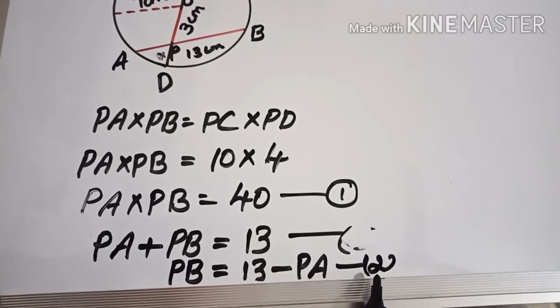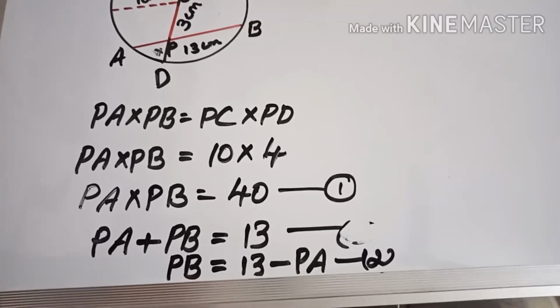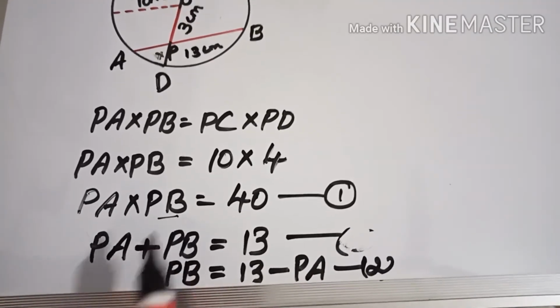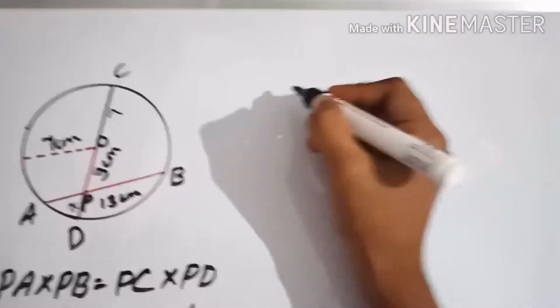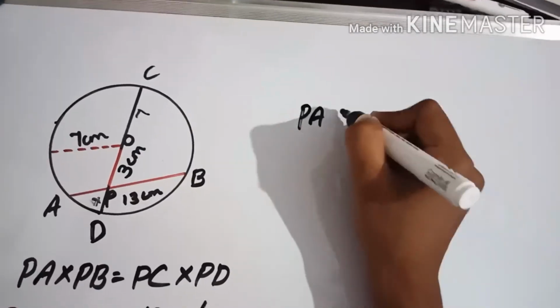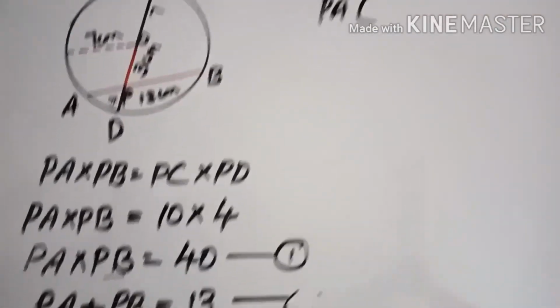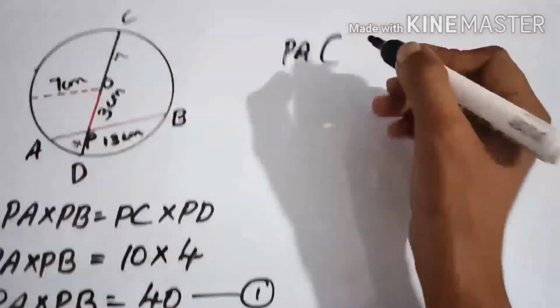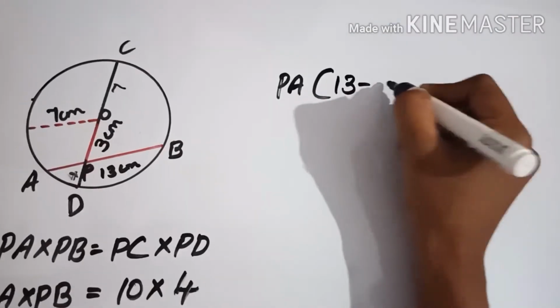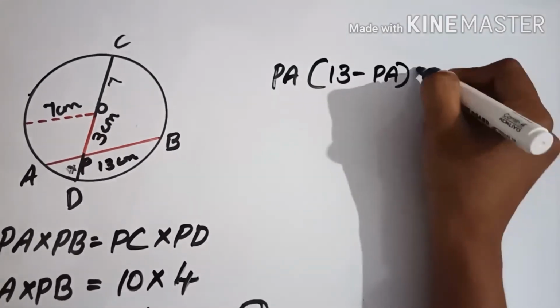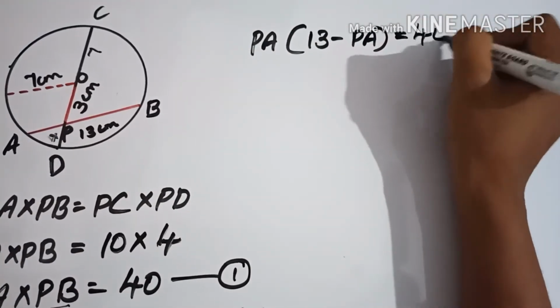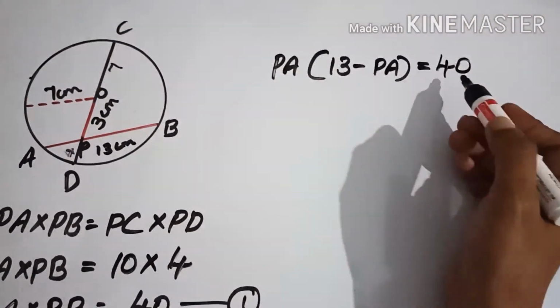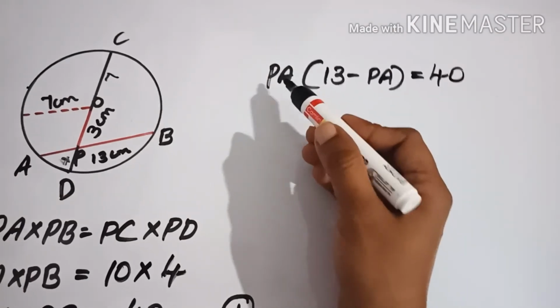Now apply this second equation in the first equation. Instead of PB, we can write 13 minus PA. That is PA into (13 minus PA) equal to 40. Now from this we have to find the length of PA.